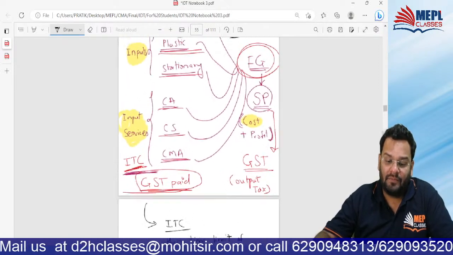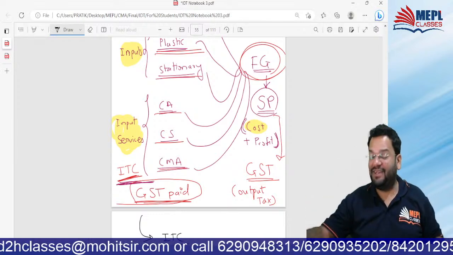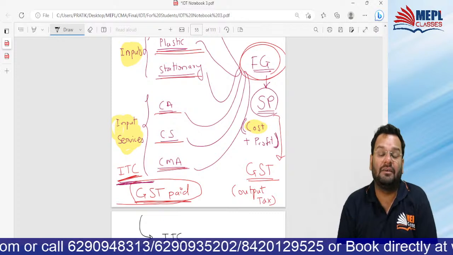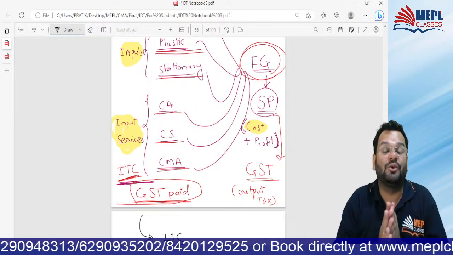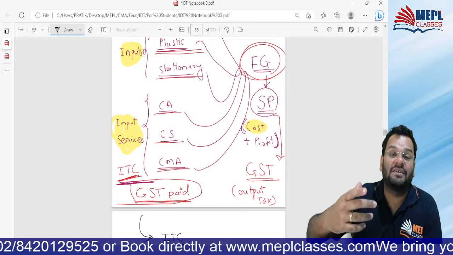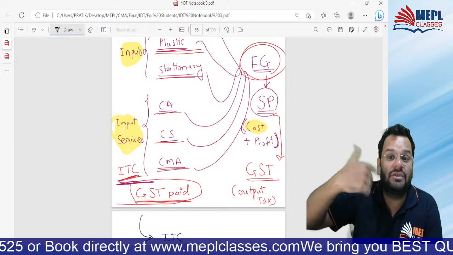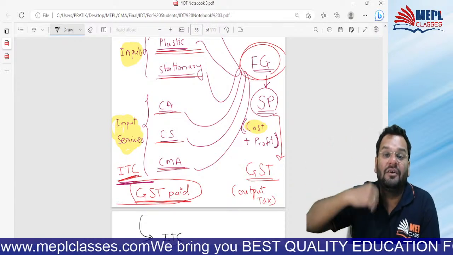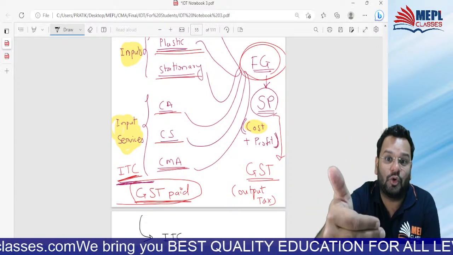Got it? Any doubt, guys? Any doubt in section 16? Because otherwise, we are going to conclude today's session, and in tomorrow's session, the topic of discussion will be how to use the ITC. The ITC which we have availed has to be used to pay output tax.